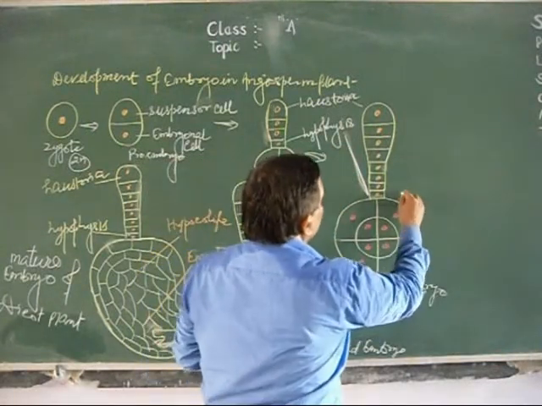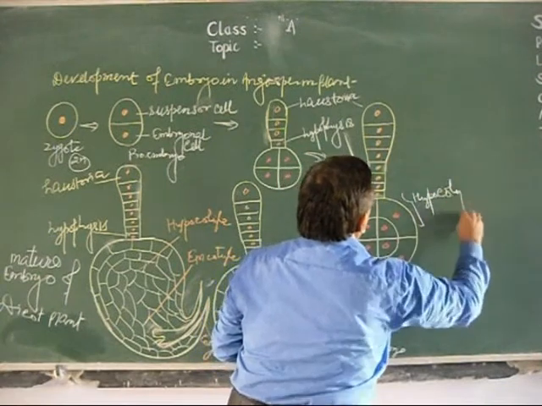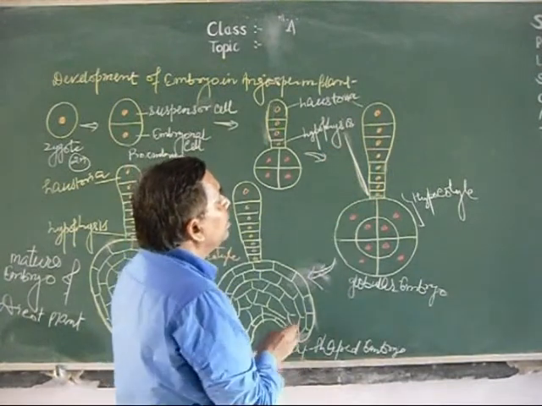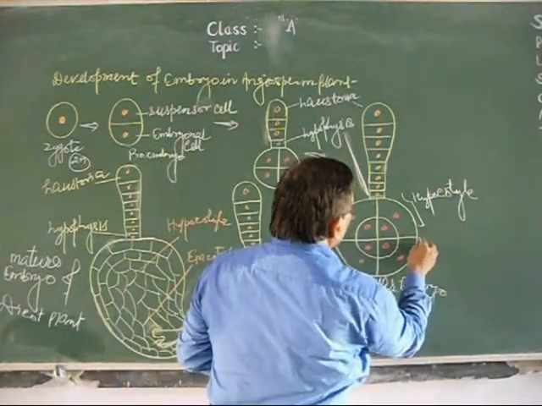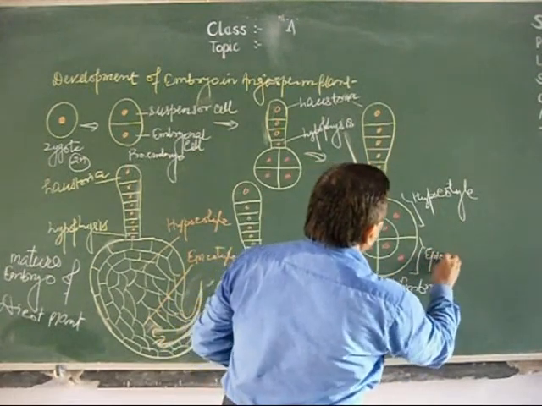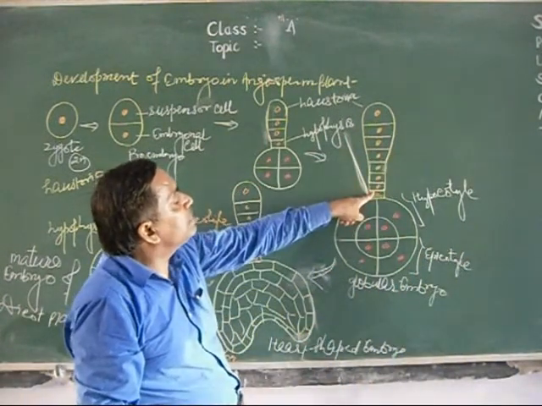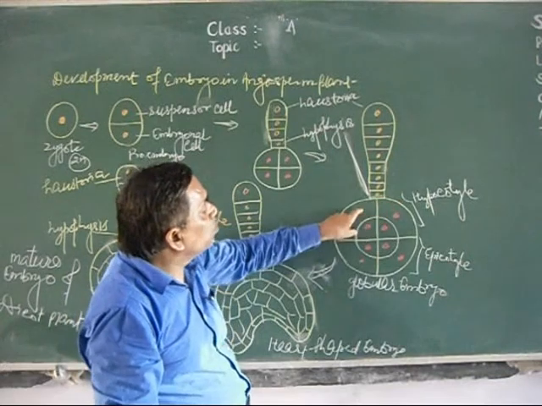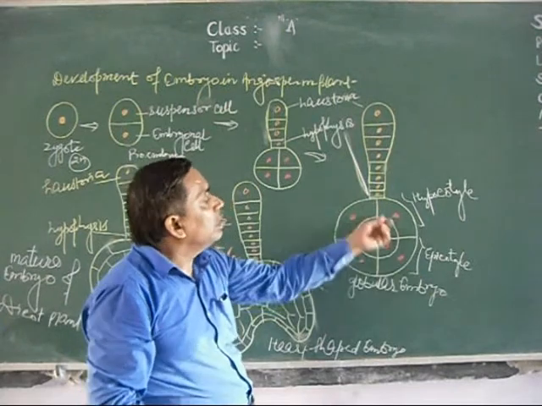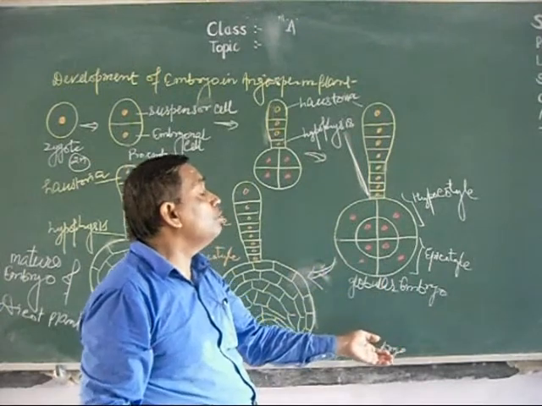In this globular embryo, the group of embryonal cell present near hypophysis, that form hypocotyl, and the group of cell which is present away from hypophysis, that form epicotyl. So hypocotyl give rise radicle and epicotyl give rise plumule later on.